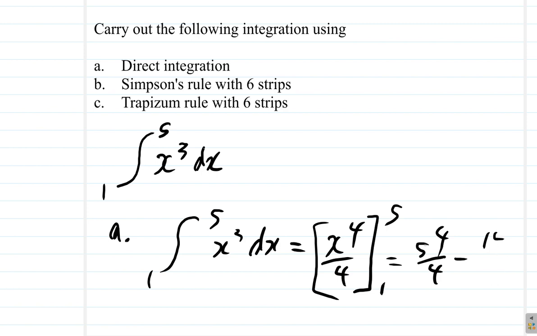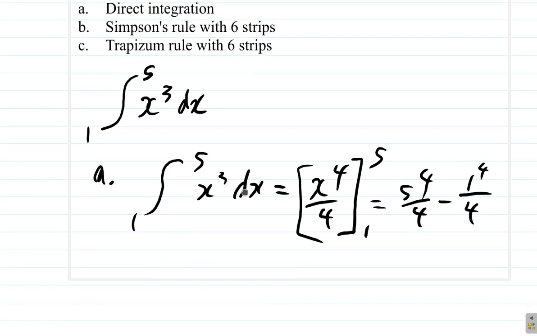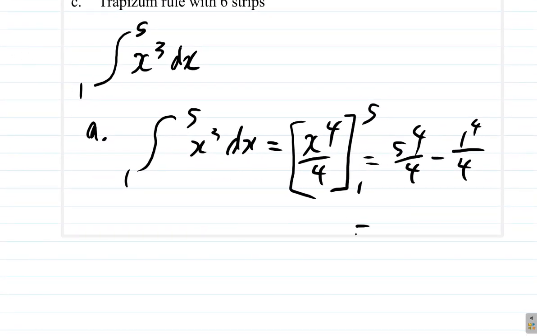Alright, let me rewrite that. That is equal to 625 over 4 minus a quarter.